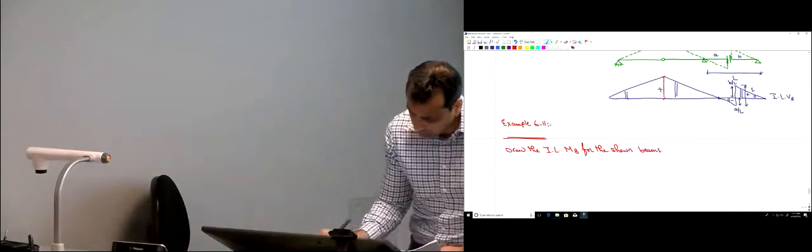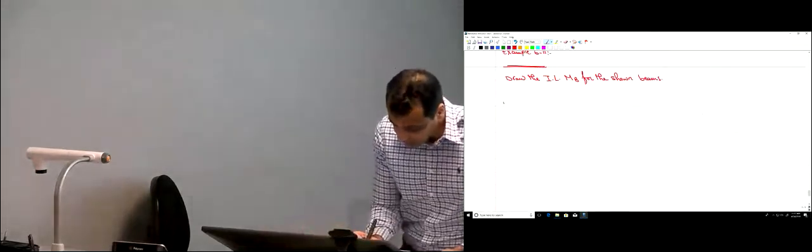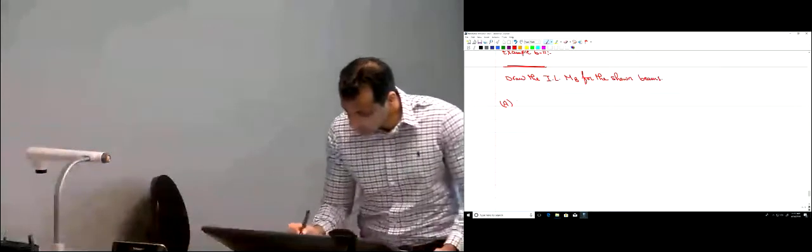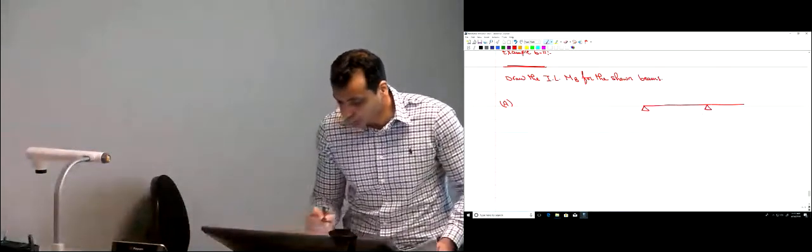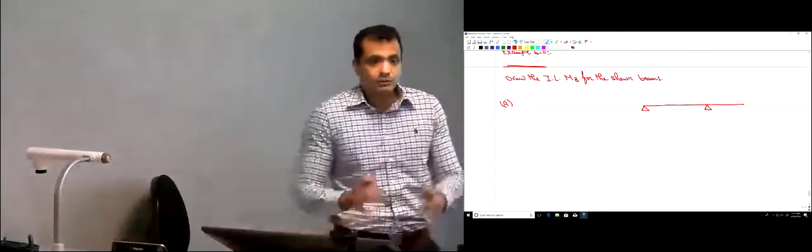We're required to draw the influence line for the moment at point B for each one of them. The first beam that we have over here looks like this. Let me give you a very important thing about MB. When you have a moment, influence line for a moment, you break the beam, you release this moment, so you introduce an internal hinge, okay? And then you introduce your moment.